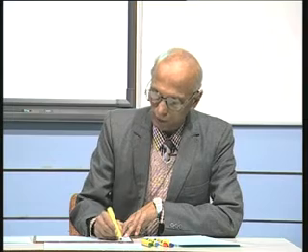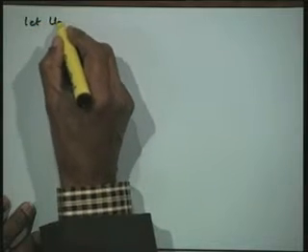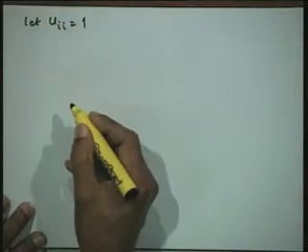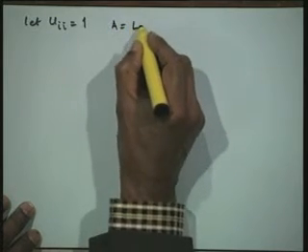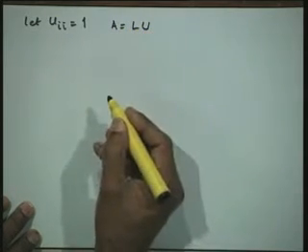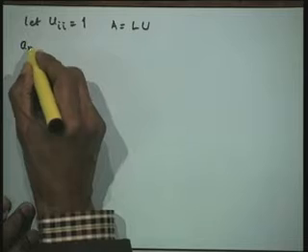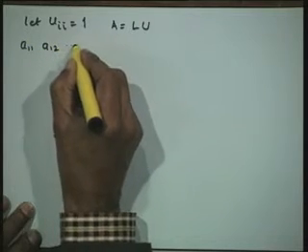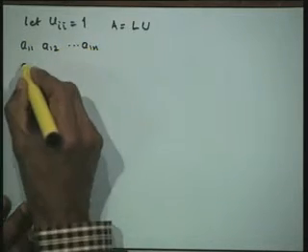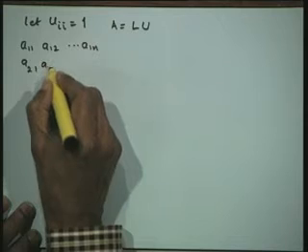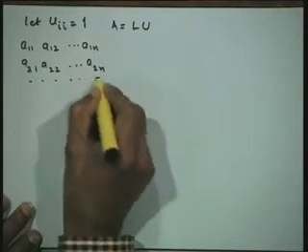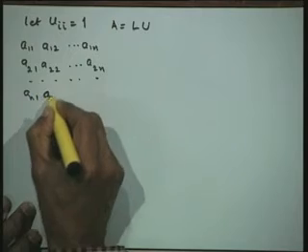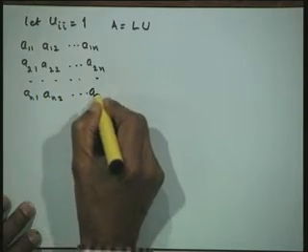Now, let us see how we can implement this in our computations. So, let us take Uii = 1. Therefore, my system of equations A = LU would look like this: A11, A12, A1n, A21, A22, A2n, An1, An2, Ann.